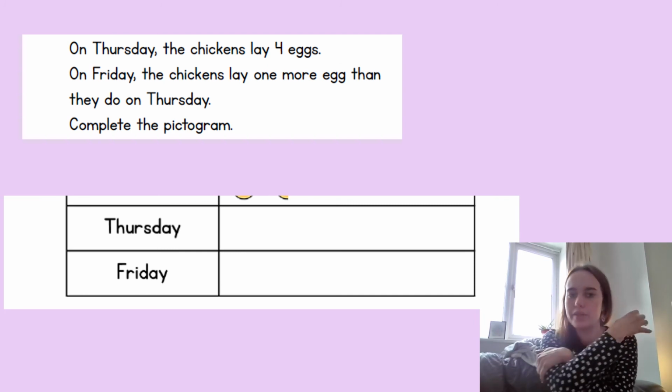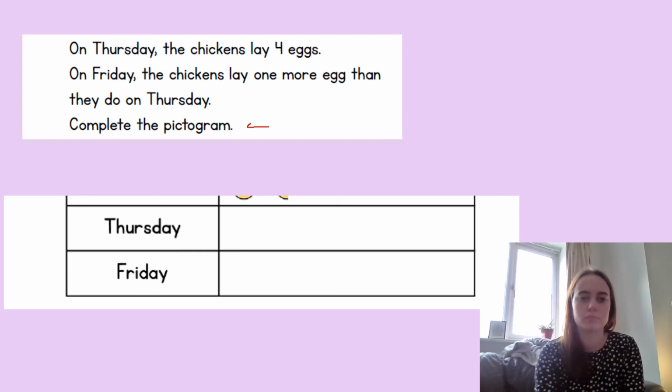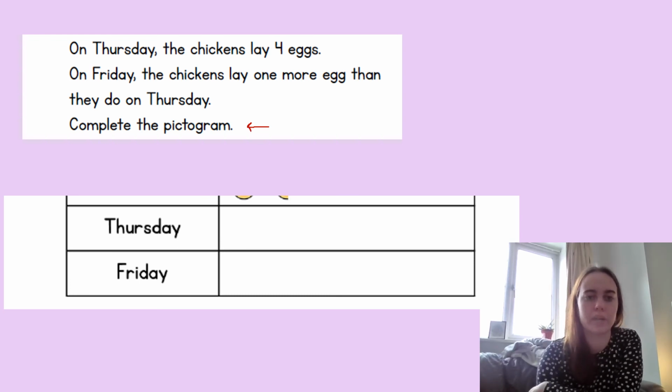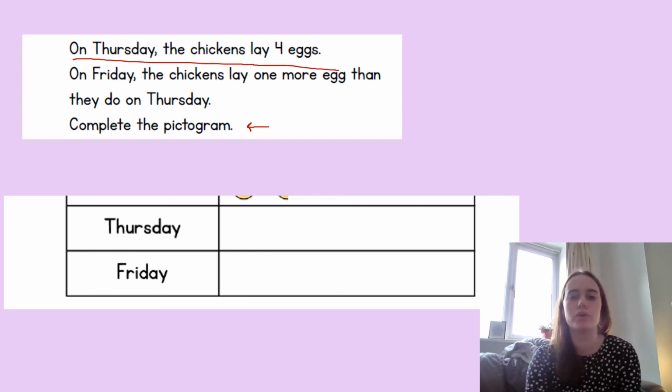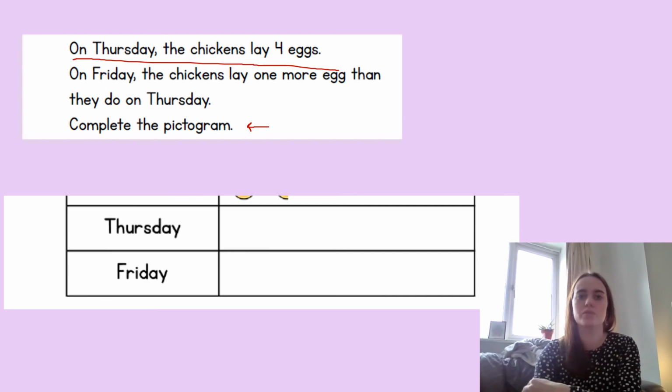And on Thursday, this time it wants us to complete the pictogram, so we need to work out how many eggs on Thursday and how many on Friday. So it tells us on Thursday the chickens lay 4 eggs. So we need to draw the pictures to represent those 4 eggs.